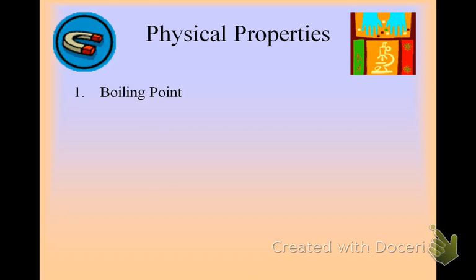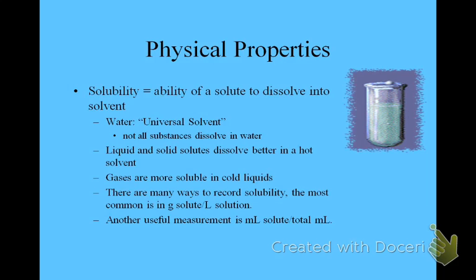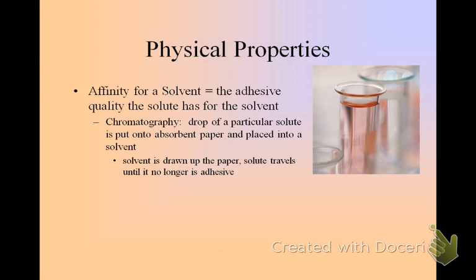Physical properties, some examples: boiling point is one of them. Solubility is another. You don't have to know any of this, so I'm kind of zooming through these. Affinity for a solvent, that's what we've been working with in terms of chromatography.